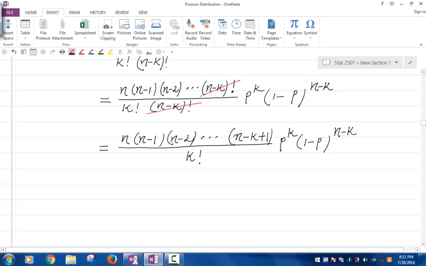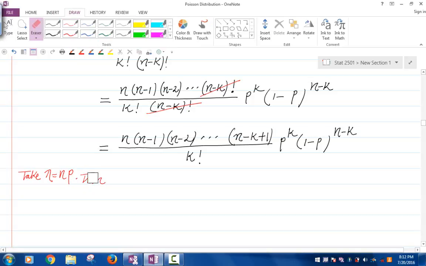Now at this point what I'm going to do is take lambda to be n times p, which then means that we can write p as lambda over n.